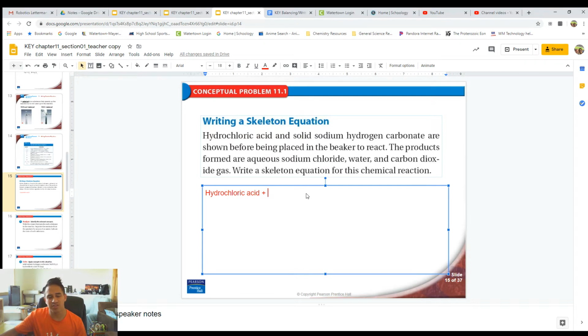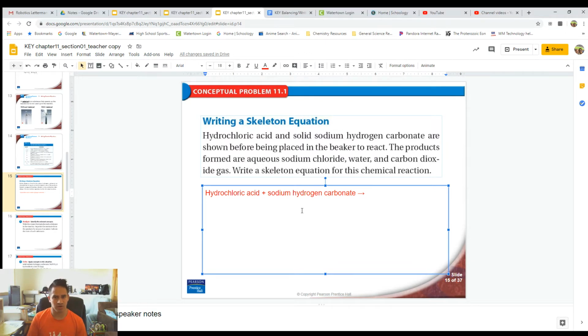Now the solid part is just telling you what physical state it is. We don't need to include that, so we're just going to write sodium hydrogen carbonate. They're being placed in a beaker to react, and it says the products formed are aqueous sodium chloride.